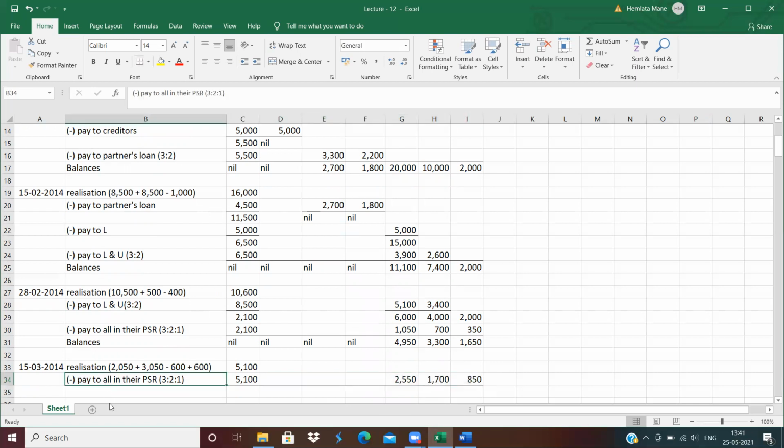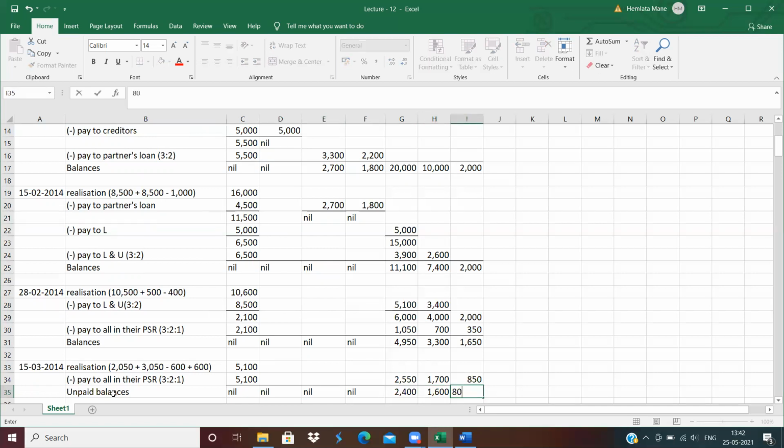Now, after paying all the cash, still how much amount is remaining? See, these are the unpaid balances. Unpaid balances means loss on realization. Cash balance is nil, creditors settled, loans settled, but the capitals remain. L's capital remaining is 2,400, U's capital 1,600, and M's capital 800 rupees.